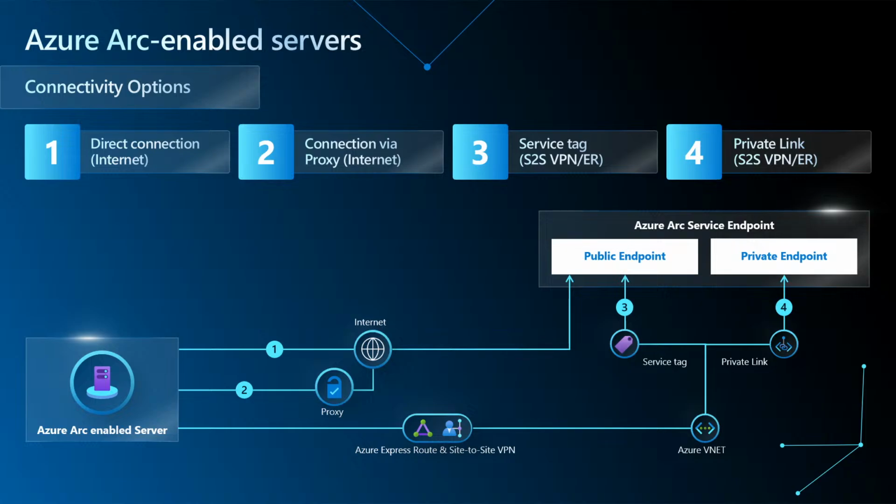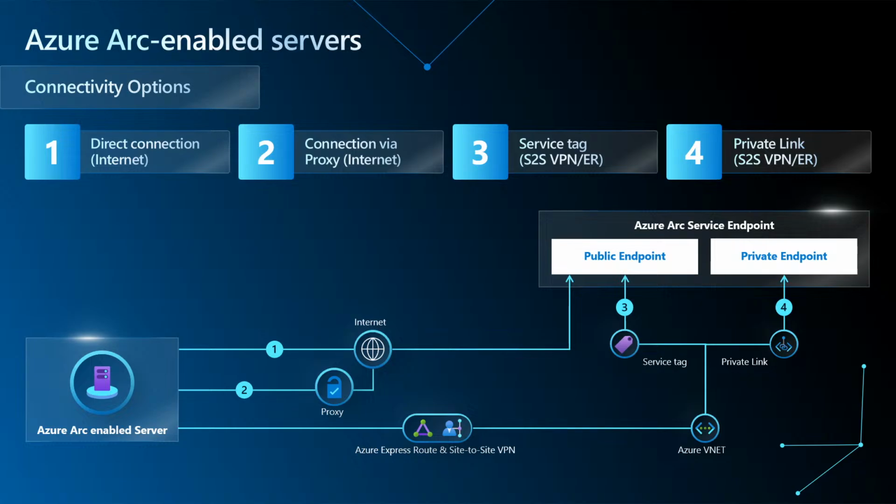But one of the most common ones that we're seeing customers use, just because of security or nervousness from the security teams, is using the Azure Arc agent and connecting it through ExpressRoute or site-to-site VPN, which then goes into your Azure VNet and then into your private links and your private endpoints, and communicates that way. It doesn't necessarily give you open access to your servers.